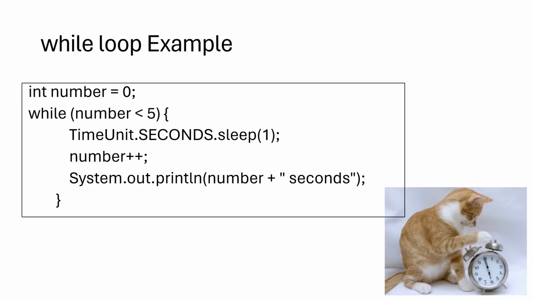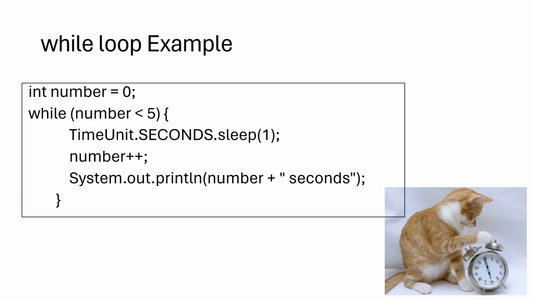A while loop example, we could have like a delay that we want to carry on for 5 seconds, for example. So we declare an integer called number, set it to equal to 0. Then we put while brackets number less than 5. We close the brackets, we open the curly bracket, that's the start of the while loop, and we use this thing called time unit dot seconds dot sleep brackets 1.